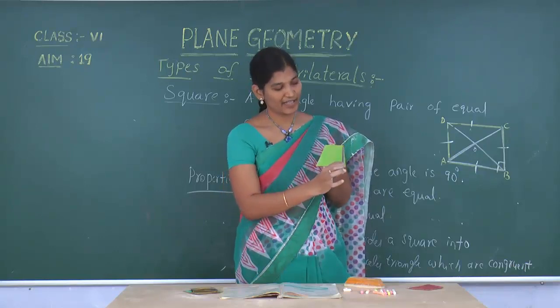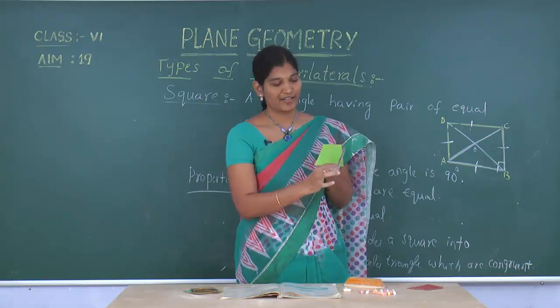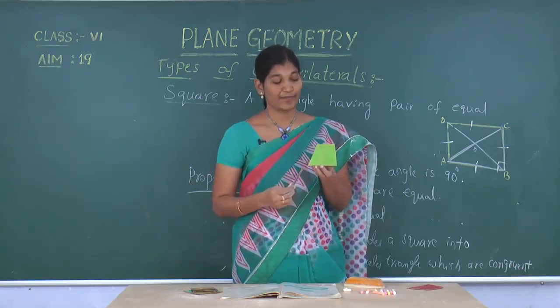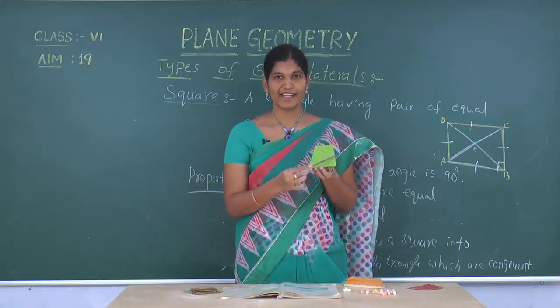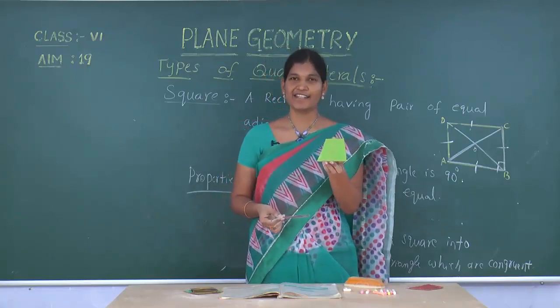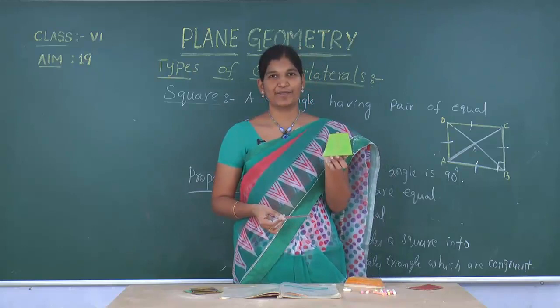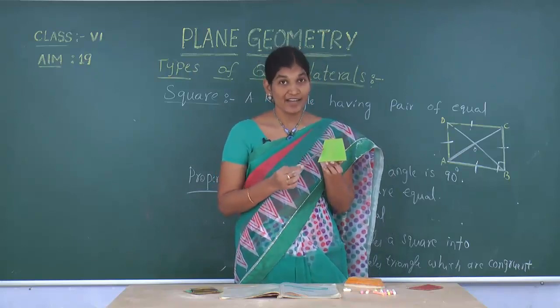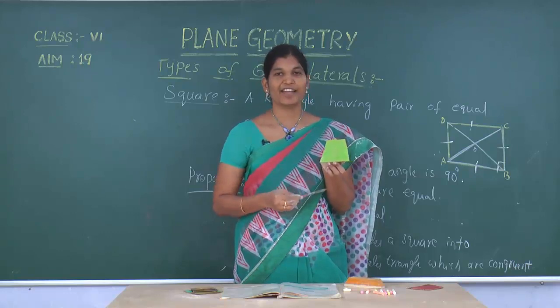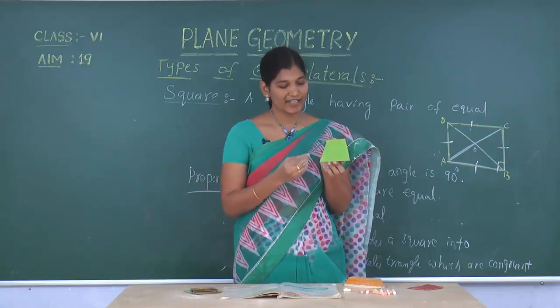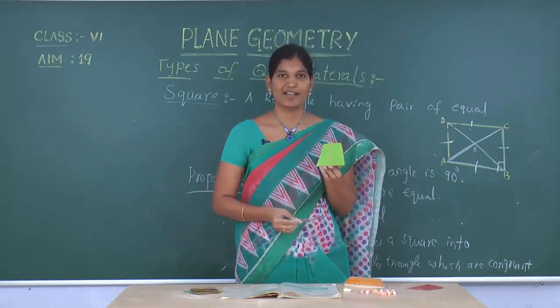If the non-parallel sides in a trapezium are equal, then we can say it is an isosceles trapezium. What is its property? In an isosceles trapezium, the diagonals are equal. The lengths of the diagonals are equal.